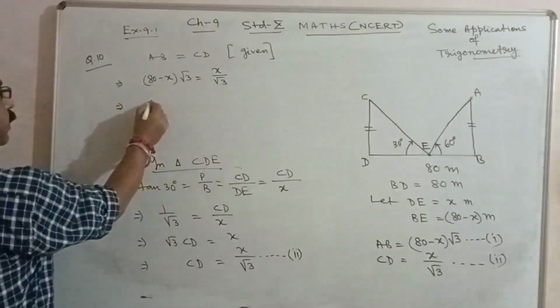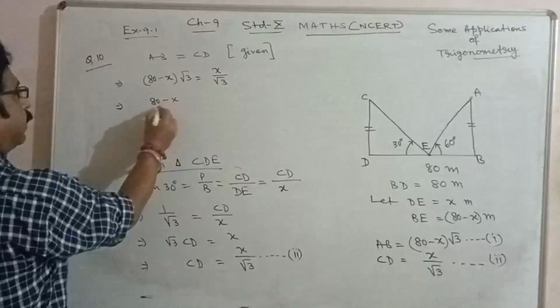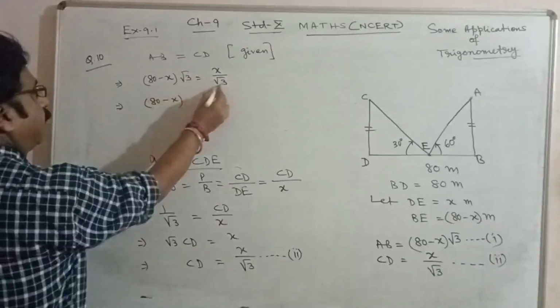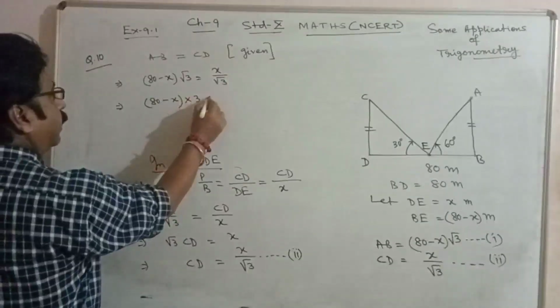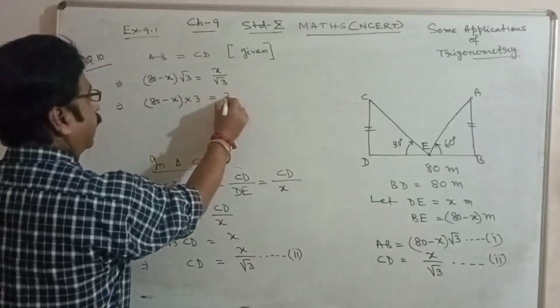Cross multiplication, 80 minus x, root 3 into root 3 will be 3. It will be x.